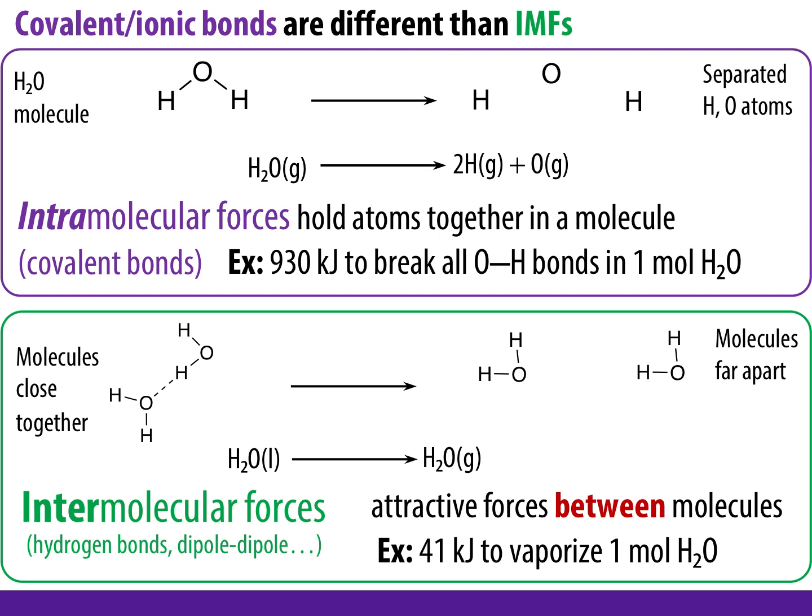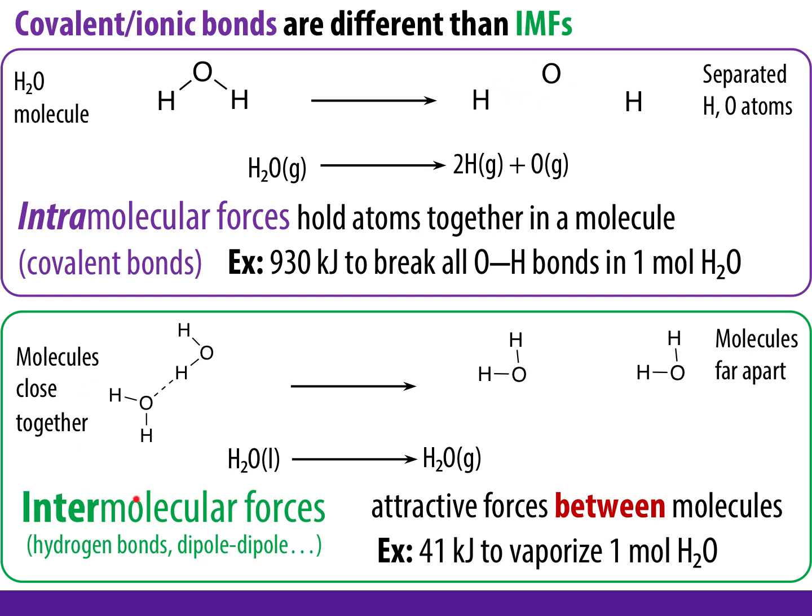So H2O, say, is a covalently bonded molecule, and these lines are pairs of electrons holding the atoms together into the molecule. If we want to break those covalent bonds, we need to put in a huge amount of energy, in this case 930 kilojoules, to break all of those OH bonds and form free atoms. You can only do that at incredibly high temperatures or with lasers or something else that can add a huge amount of energy.